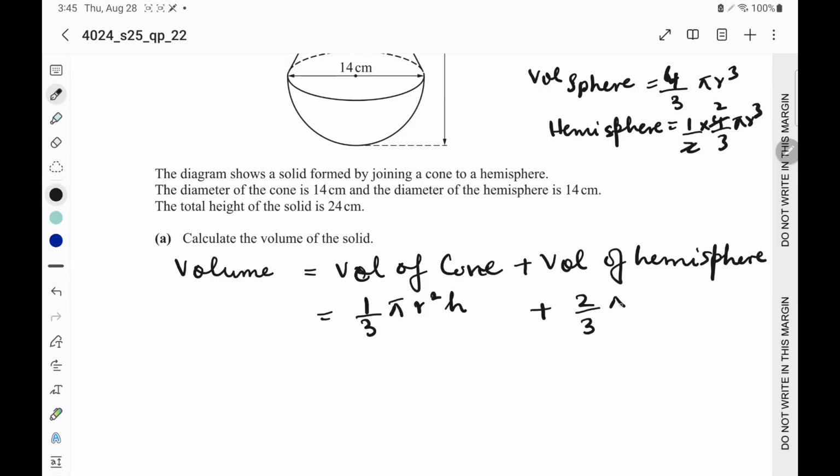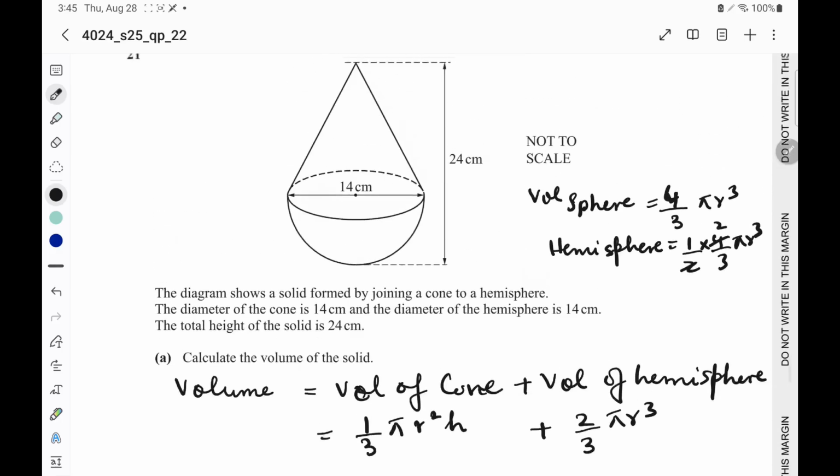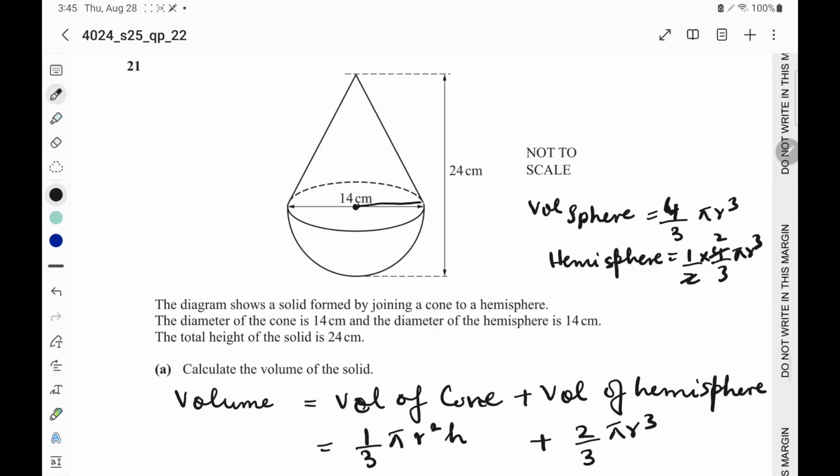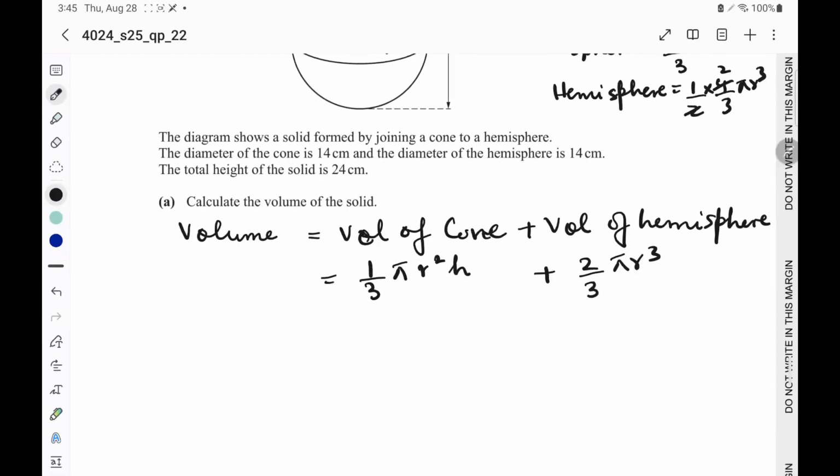So for the hemisphere, 2 over 3 pi r cube. You can see in the diagram the 7 centimeter is the radius for both the cone and the hemisphere. So the radius is 7 centimeter: 1 over 3 pi, the radius 7 square, and 2 over 3 pi into 7 cube.